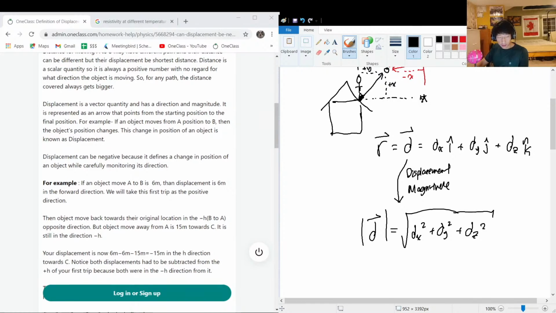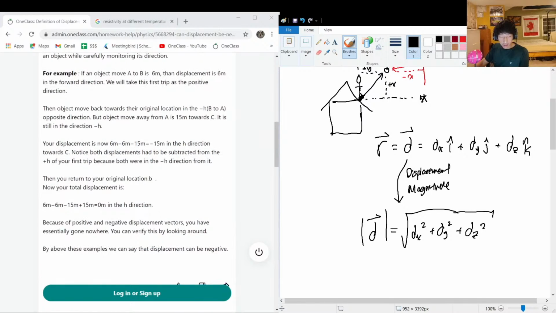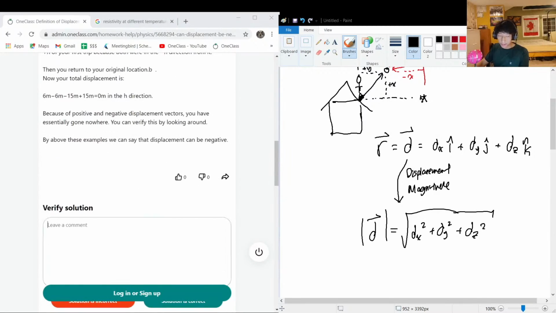Magnitudes are generally going to be positive, but there will be some negative components. The more dimensions you introduce and the more complexity, the more you'll have these displacement situations. So yes, displacement can be negative.